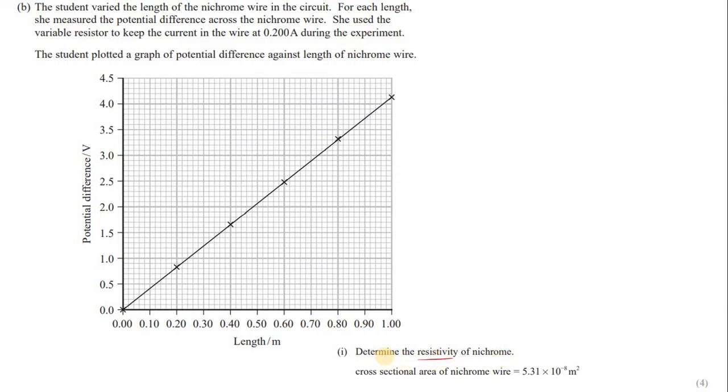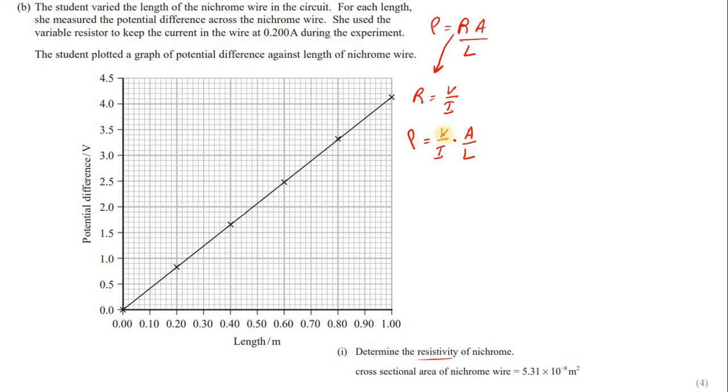So the idea is the resistivity rho is equal to resistance times area divided by length. We are not given anything about the resistance, but the resistance can be replaced with the help of Ohm's law, R is equal to V by I. And why are we doing that? If you replace R with V upon I, the resistivity will be equal to V upon I into area over length.